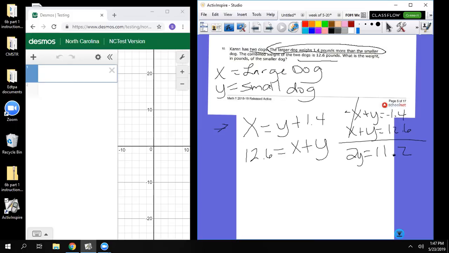So then, of course, to get my y alone, because that's what I need to solve for since that's my small dog and what the question's asking for, I'm going to divide by 2 on both sides. So my y value then is going to be equal to 5.6. Okay? And that would be our final answer for that particular question.